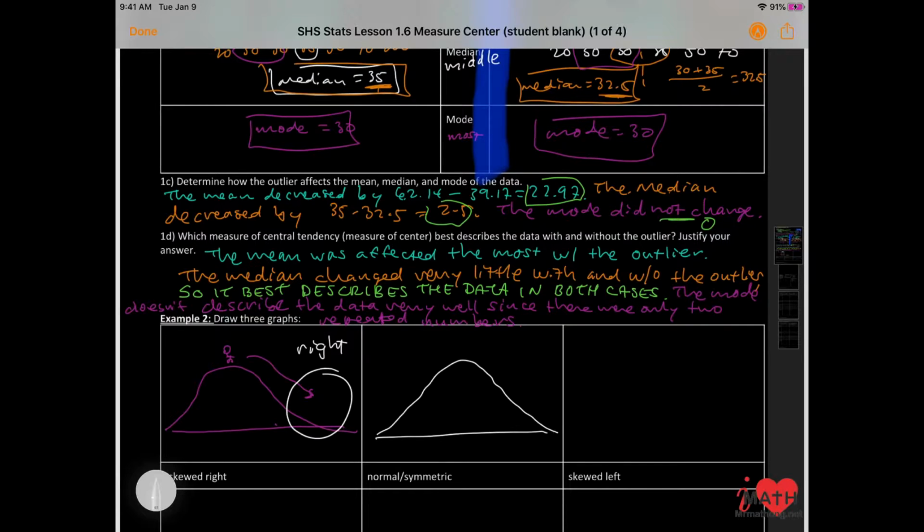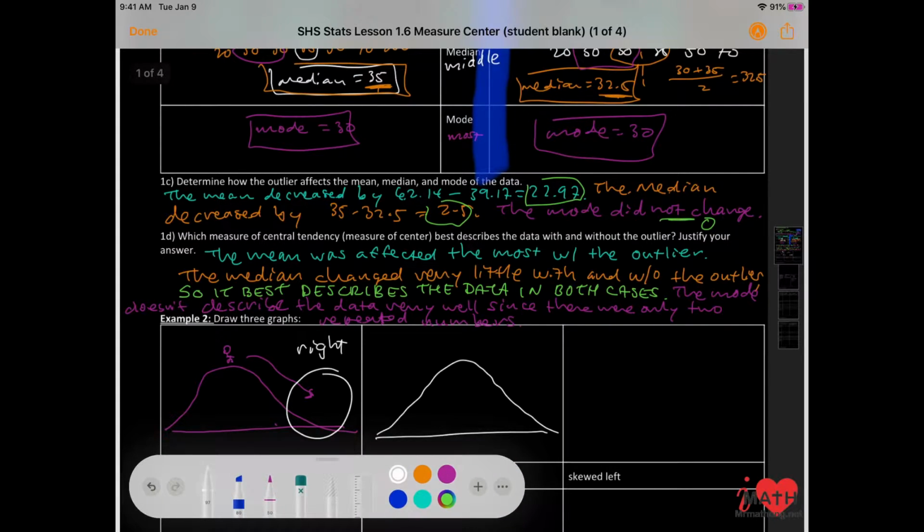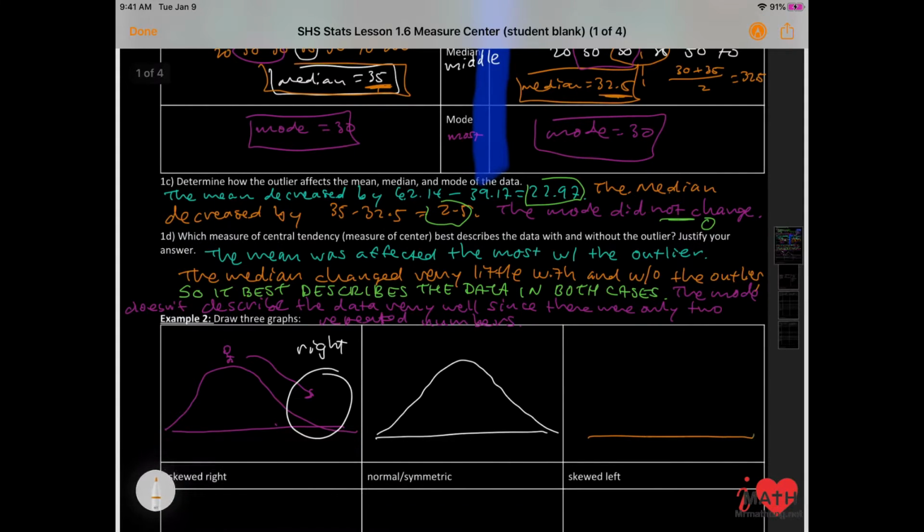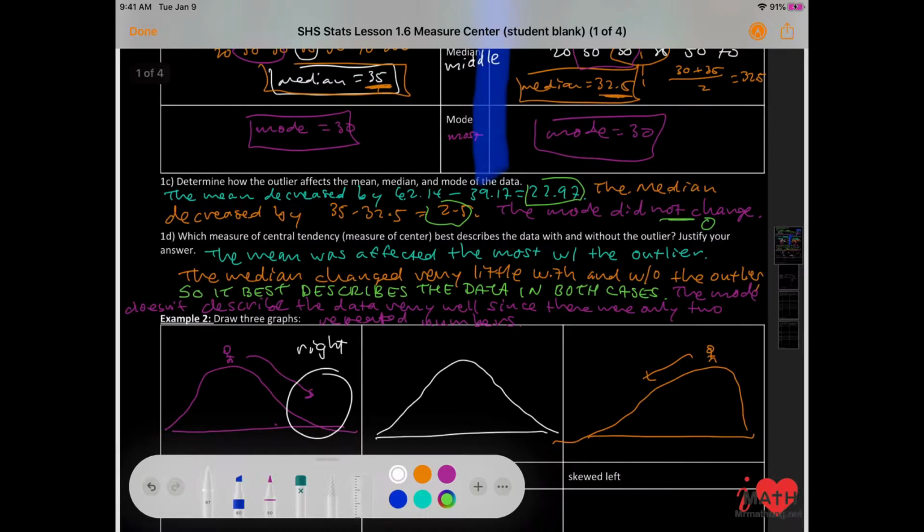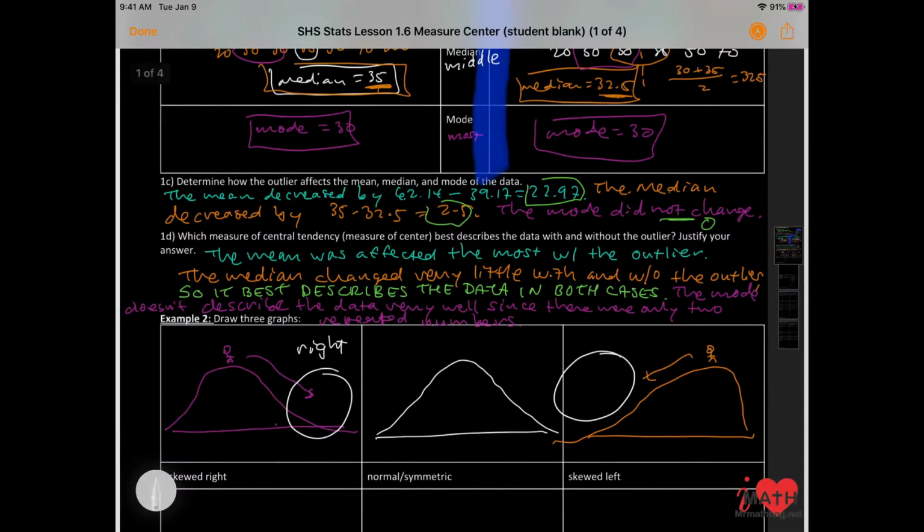Well, you can go any direction, right? And then a skewed left. Kind of looks like that. Remember, you're up here and you go this way. And all the data, there's nothing to the left there. So this one would be left skewed.